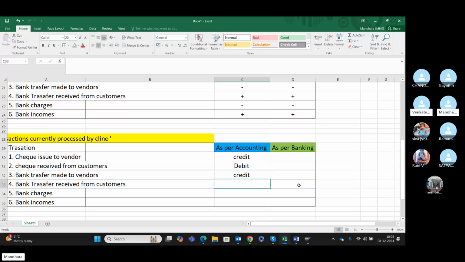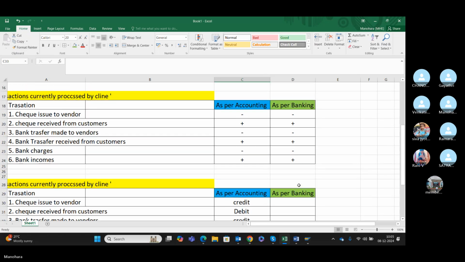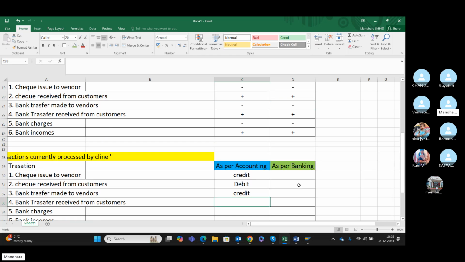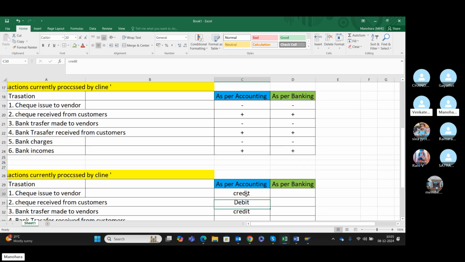Manohar, we can understand the debit and credit. See, you are pasting the same as above: minus is a credit, plus is debit. Same thing you are posting in the below. That we are not asking. No, as per accounting, minus means what? Credit. Minus means credit, same thing you are mentioning.